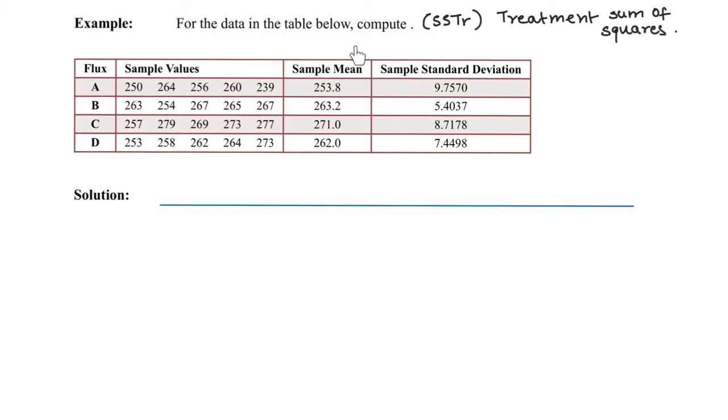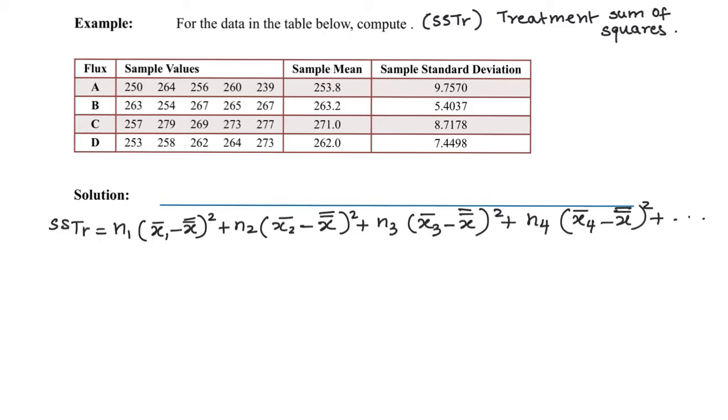For the data in the table below, compute SSTR, the treatment sum of squares. The treatment sum of squares depends on the sample sizes, sample means and the sample grand mean. The sample size is 5 for each sample, and the sample mean is given here for each sample.